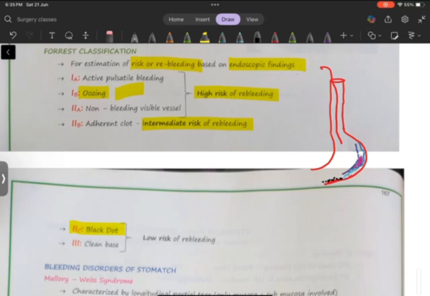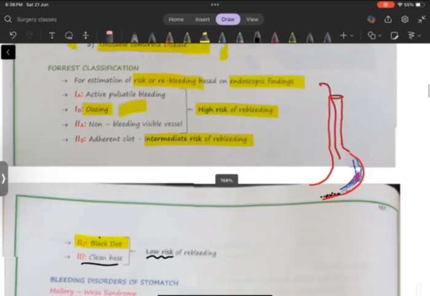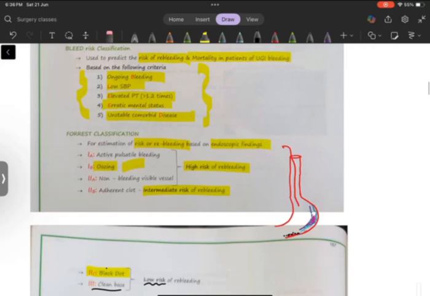This can be a clot or an enlarged blood vessel or a blood vessel at risk of bleeding. So there is always a low risk of bleeding when you see a black dot on endoscopy. If there is a clean base also, again there is a low risk of bleeding. So this is the Forrest classification based on endoscopic findings.